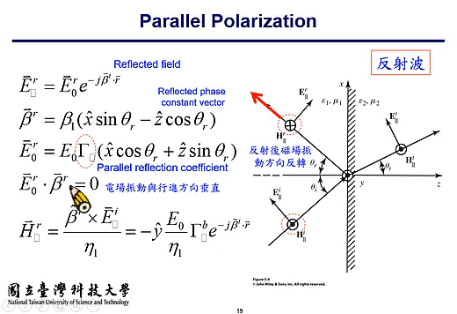And again, the reflected E field is transverse to the propagation direction. So the dot product of ER and beta R is zero.